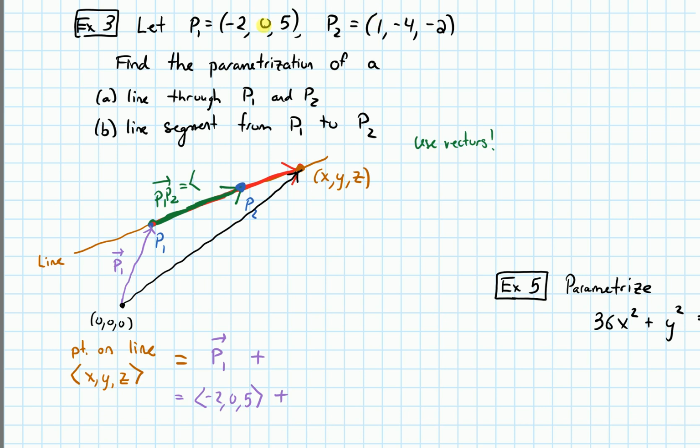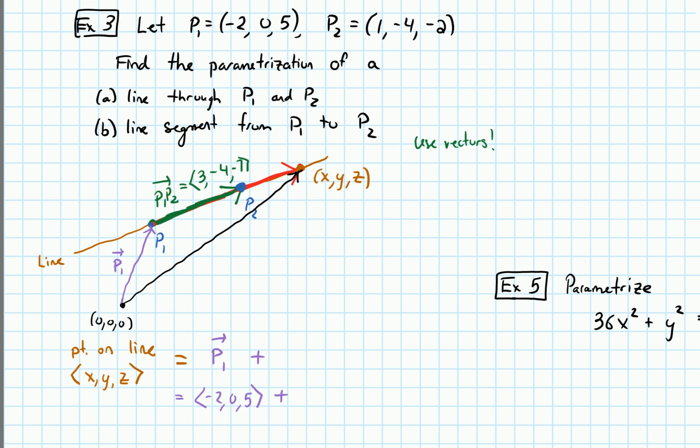Subtracting the x coordinates, 1 minus -2, we get 3. The order in which I subtract points matters here, because I want it to start at P1 and end at P2. That's why I'm doing P2 coordinates minus P1 coordinates. Then -4 minus 0 is -4, and -2 minus 5 is -7. So that's the vector P1P2.